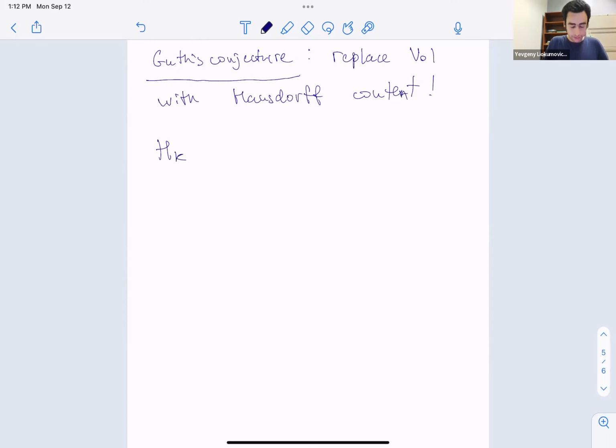So recall that the way we define Hausdorff measure of the space, volume, is by taking the lim inf as radius goes to 0 of the infimum of the sum of radii of balls in the covering.